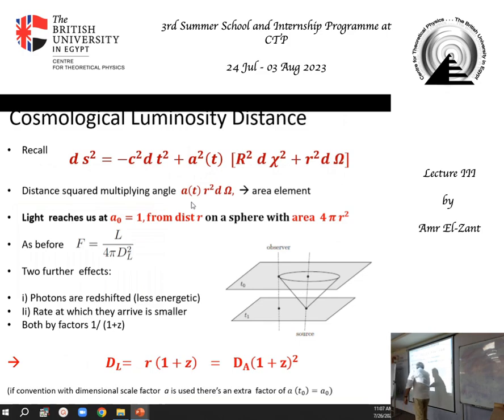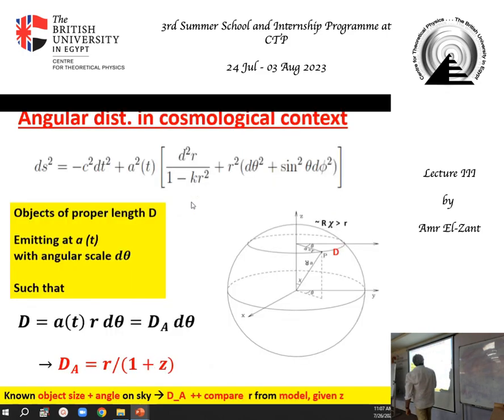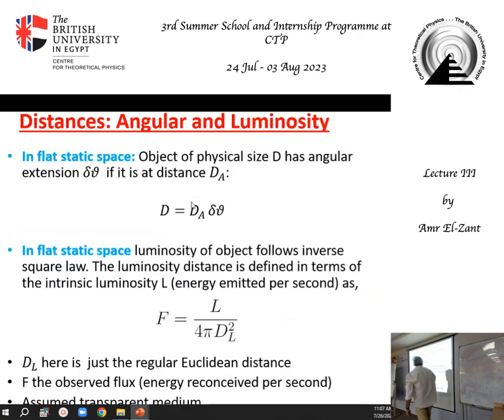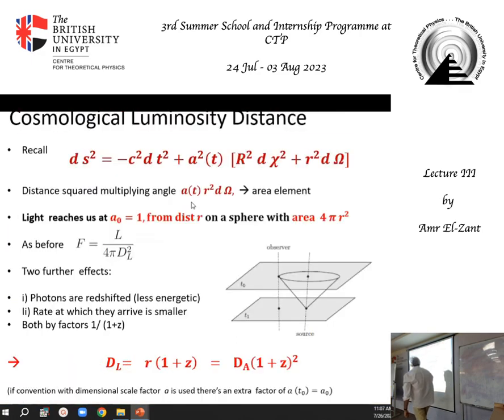And again, use the area element here, the thing multiplying d omega squared, which is r squared. So it will be r squared, but there are two other effects. In the angular diameter distance, we don't take into account these effects because it's not important, the energy, the number of photons coming in. We are looking at sizes. But here we're looking at energy.